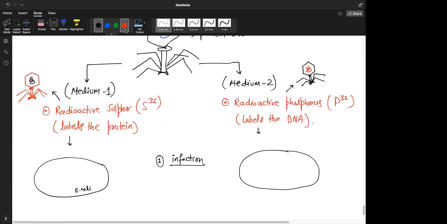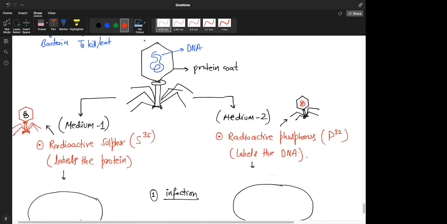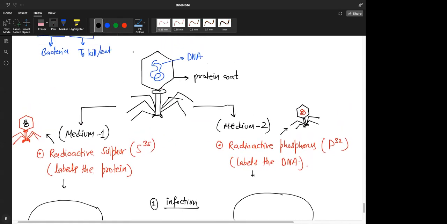Now, the structure of the virus has a head, then a neck region, and tail-like or leg-like structures.